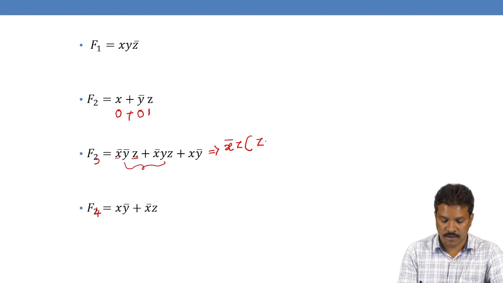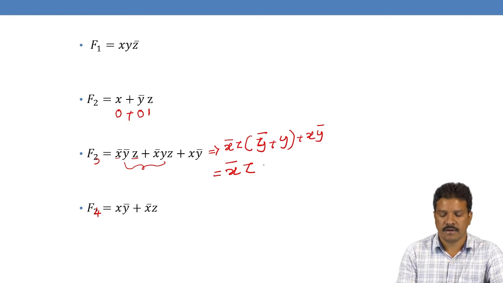So we get x bar z times y bar plus y. We know that y bar plus y is equal to 1, so this will be 1. So we get x bar z plus x y bar.